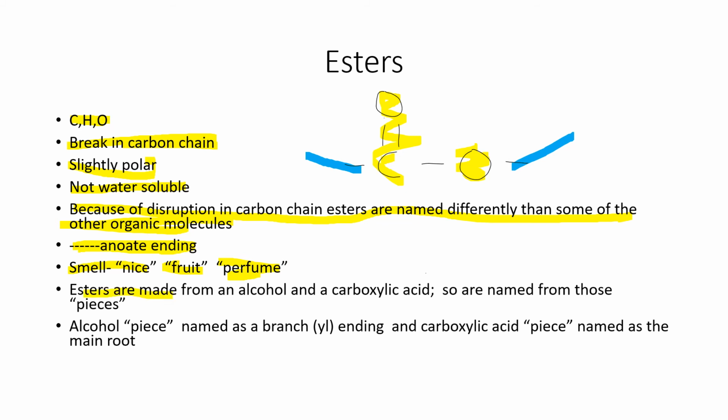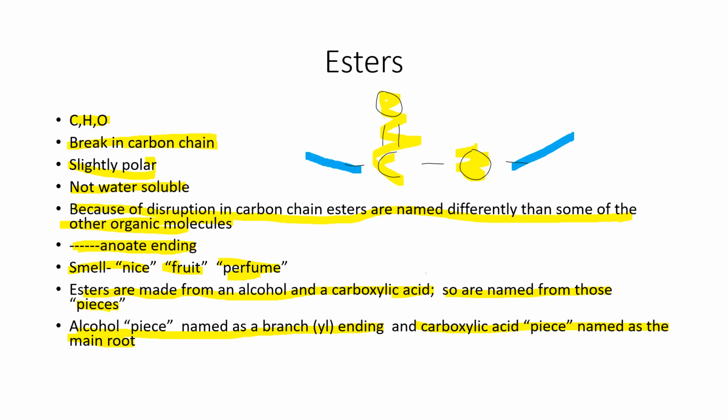Esters are named from an alcohol and a carboxylic acid. That's how you would normally make an ester. So the naming gets kind of named from these pieces, and we're going to do an example of it. The alcohol piece gets named as a branch with a YL ending, and the carboxylic acid piece gets named as the main root.